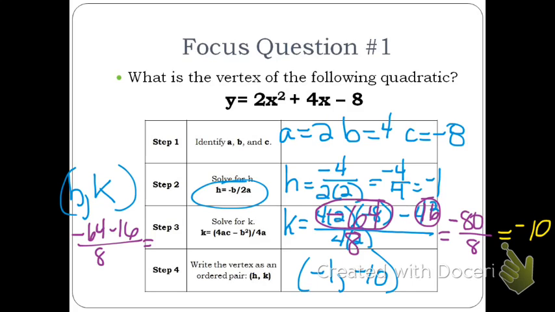So our vertex is at negative 1, negative 10. Because a is a positive value, that is our minimum. The vertex is at the minimum. And so, yes, we expect that our coordinates would be negative and negative at this lowest point.